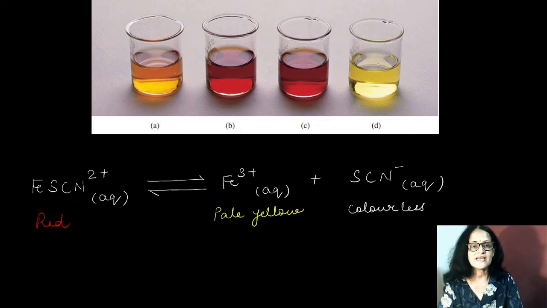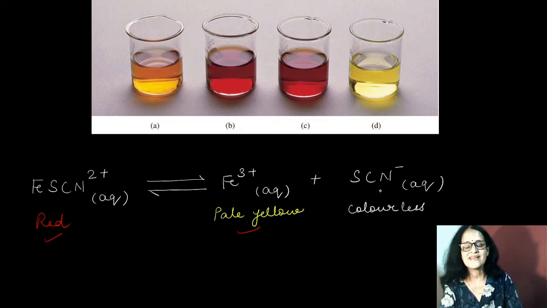You can see that iron thiocyanate on dissolution in water forms iron thiocyanate ion, which is red in color, and it is in equilibrium with ferric ion, which is pale yellow, and thiocyanate ions, which are colorless. So this equilibrium exists in beaker A.